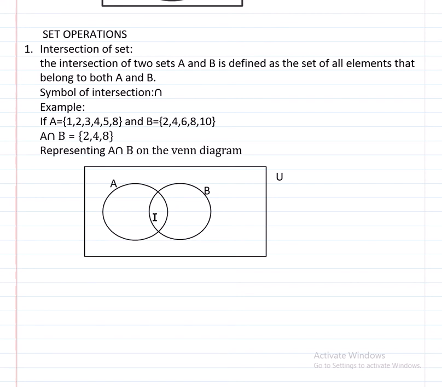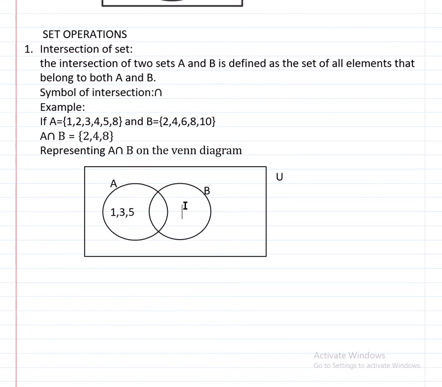We have 1, then 2, which will be intersecting, so we will write 2 where it intersects. We will write 3, 4, 5. Those are intersecting. I hope it's clear. So we have 1, 3, and 5.